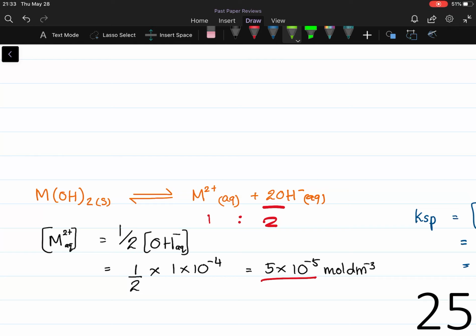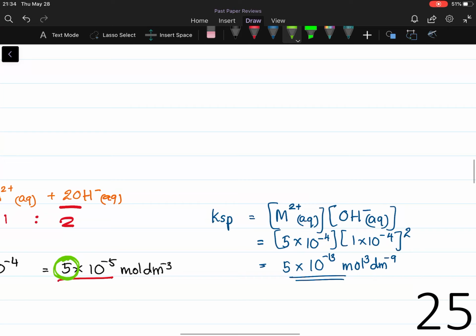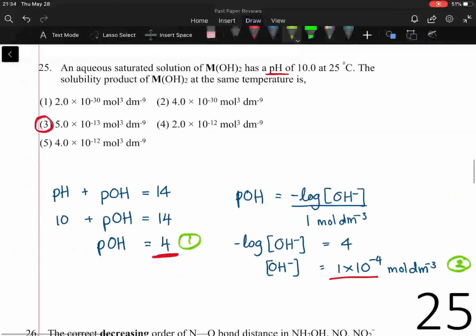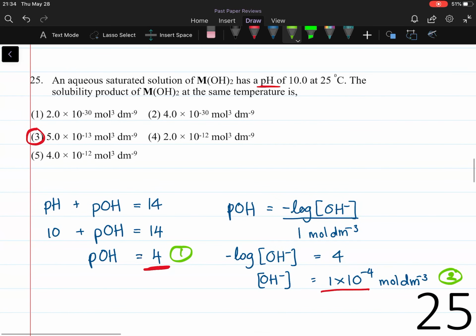Therefore, the concentration of M2 plus should be half of the concentration of OH minus, which has to have a 5 in it, because we are dividing 1 by 2. And when calculating KSP, 5 does not change because 5 should be multiplied by 1. Therefore, the answer should have a number 5 in it, which only leads us to number 3 as the answer.